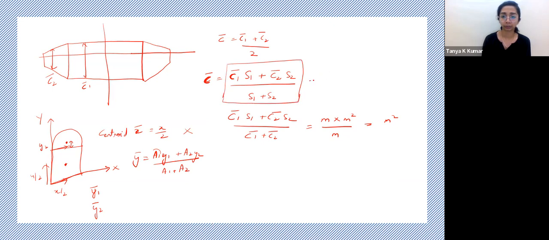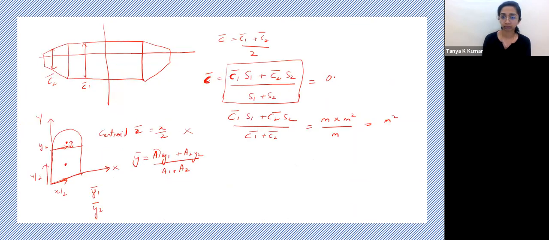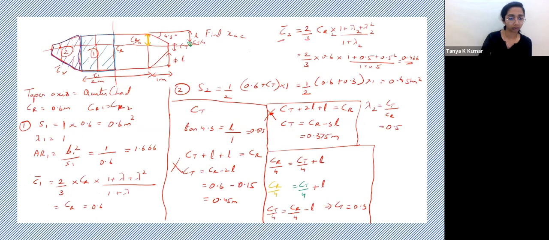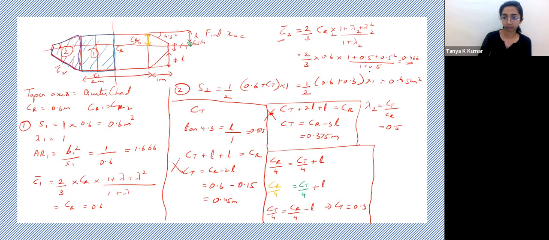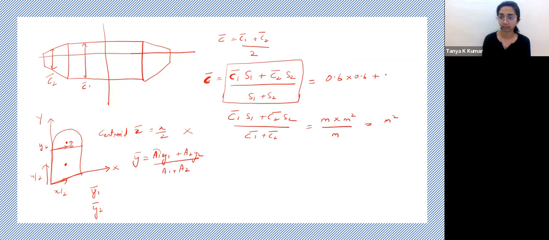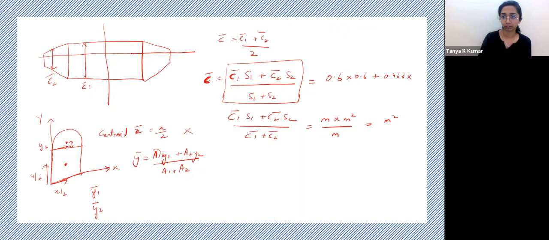Okay, so let's proceed to find out the aerodynamic chord. C1 bar was 0.6, area was 0.6. C2 bar was, where was C2 bar? 466. S2 was 0.45.